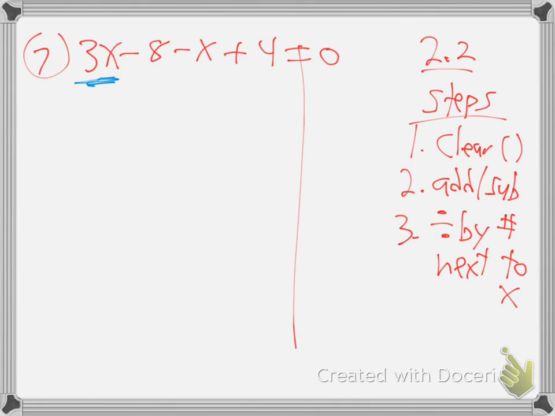So this is 3x minus 1x, huh? That'd be 2x. Good right there? Does that make sense so far?